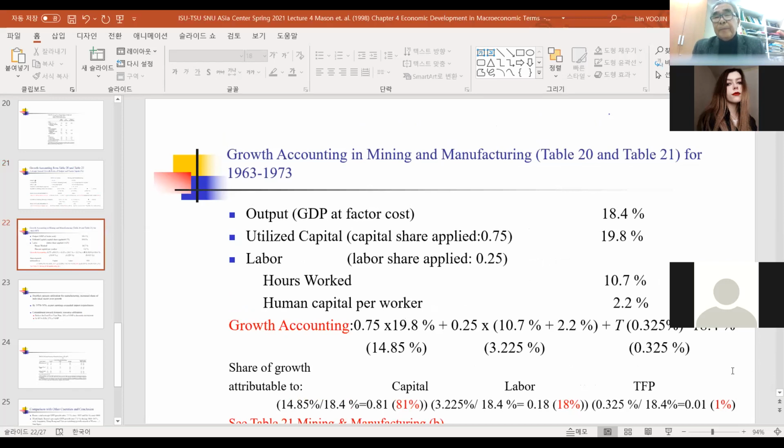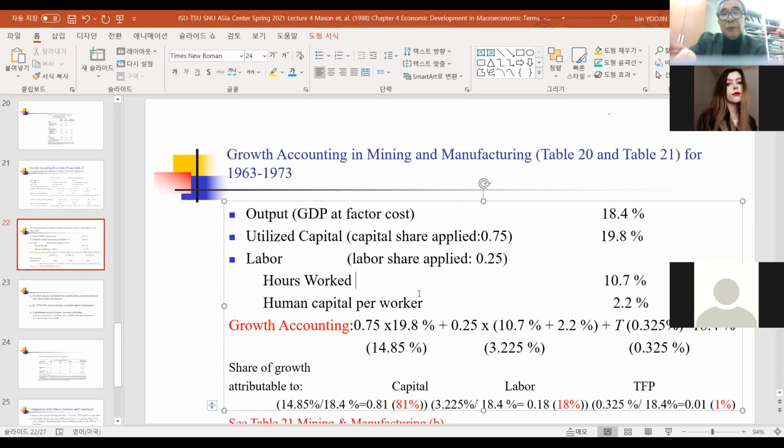So this is another growth accounting, GDP at factor cost, utilized capital, and labor share applied 0.25, hours worked 10.7, human capital per worker 2.2%, combined. Why do you add hours worked to human capital per worker?